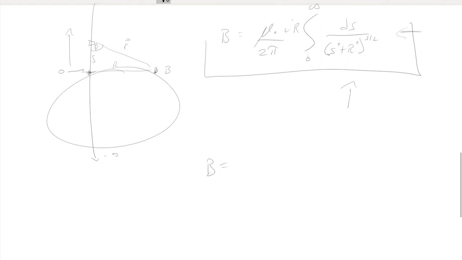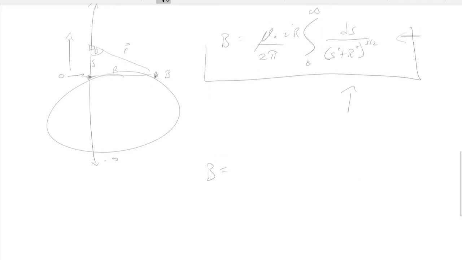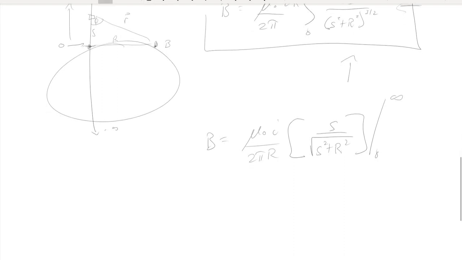And what we're going to get out of this is, after everything has been evaluated, mu naught I over 2 pi r times s over root s squared plus r squared, which then needs to be evaluated at the limits of 0 and infinity.